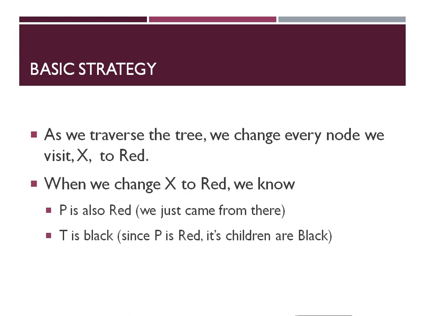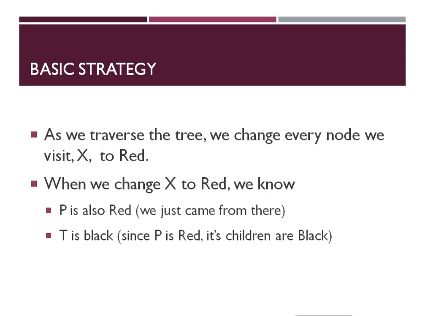Now the strategy that we are applying here is, as we traverse the tree, we change every node we visit, X, to red. As we go down from top to bottom, at the point X, we examine every node, and if there needs to be changes, then we change them along the traversal only.